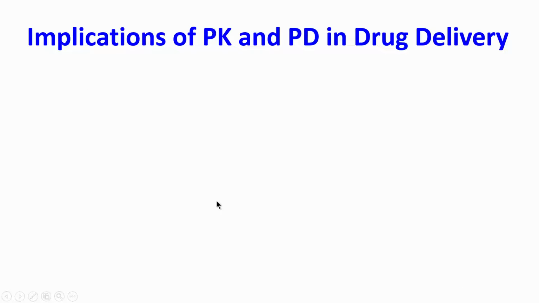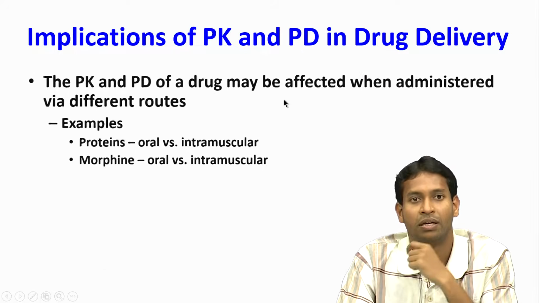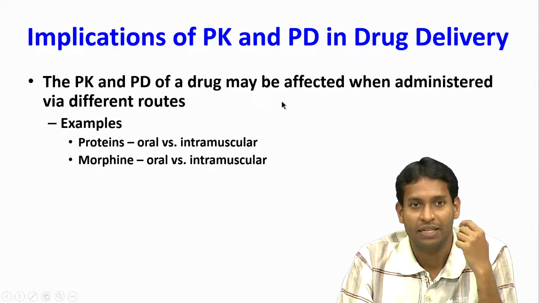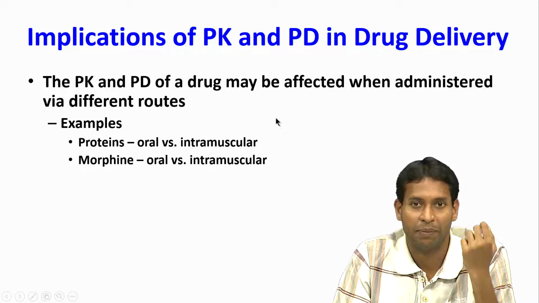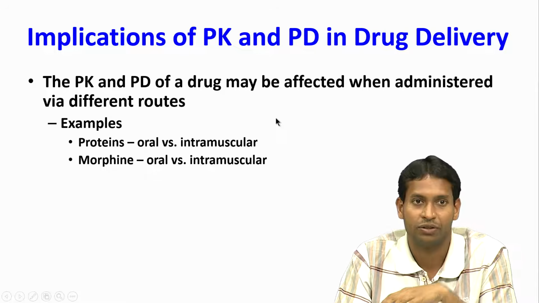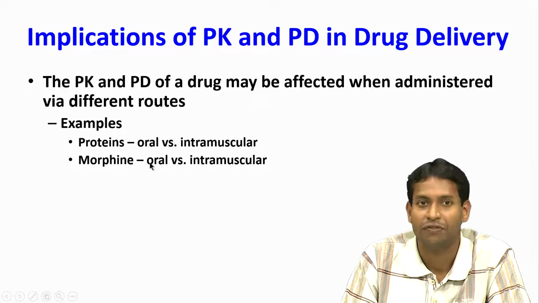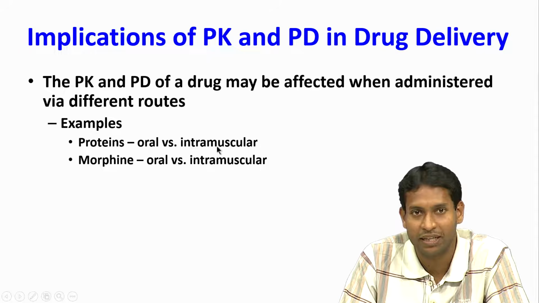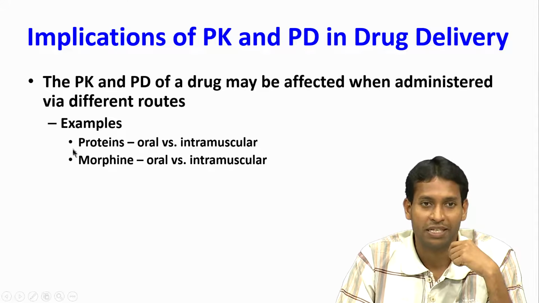So, what are the implications of this pharmacokinetics and pharmacodynamics in drug delivery? First, the drug may be affected depending on what route it is administered in. If you are trying to deliver proteins and you give them orally versus intramuscularly, they may have different activity once they reach the blood, because these proteins are fragile molecules.